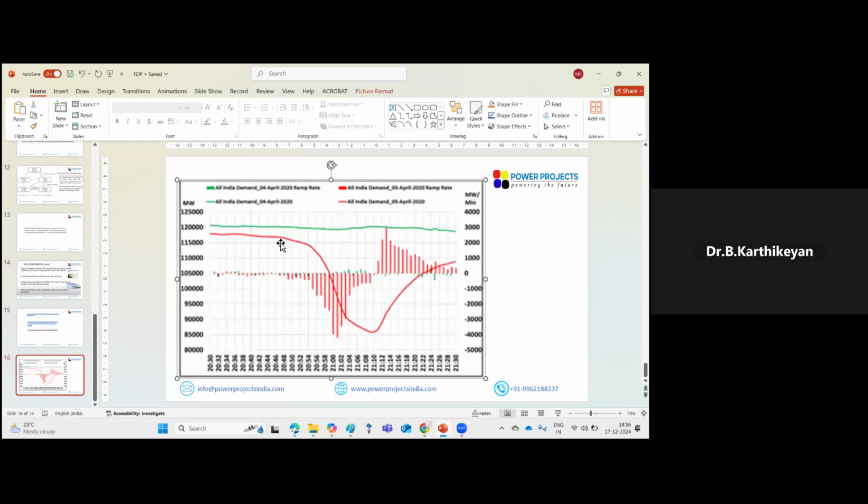No depreciation. So the green is what we had the previous day, and this red is April 5th. I won't forget it, because it was the day our business head was born, and he was running a live video that day.